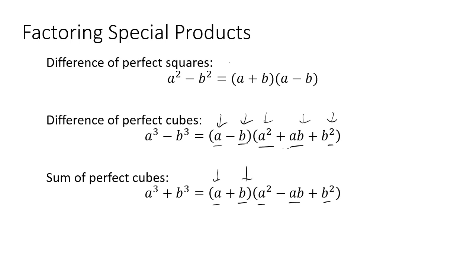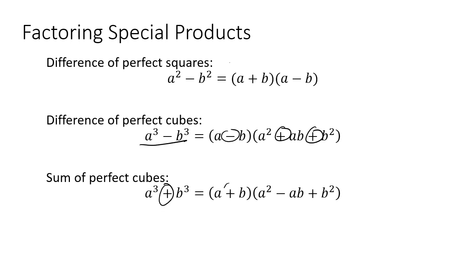The only thing that differs between the two formulas is the signs between the terms. In a cubed minus b cubed, it's minus plus plus. In a cubed plus b cubed, it's plus minus plus.